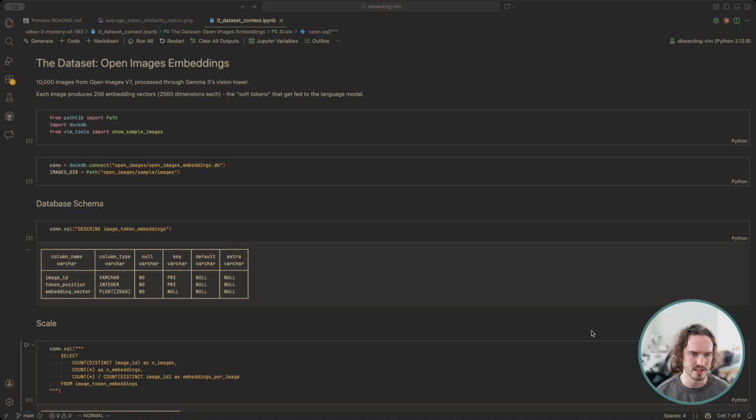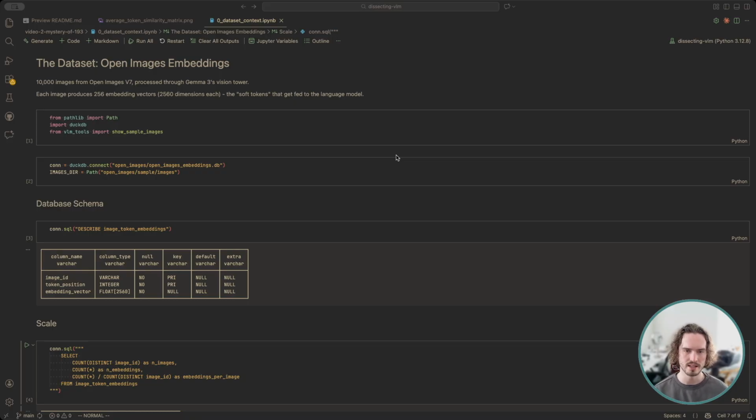Let me tell you about the data set. I pulled 10,000 images from Google's Open Images version 7, and I processed them by putting them through Gemma 3's Vision Tower. Each image gives us 256 embedding vectors. These are those image tokens, though more recently I've been seeing them called soft tokens.